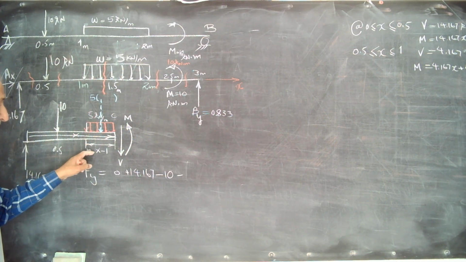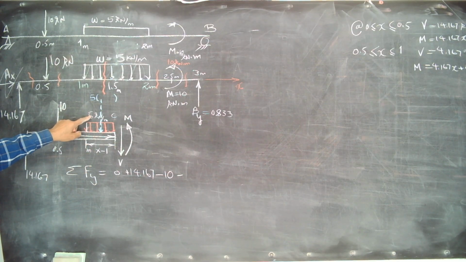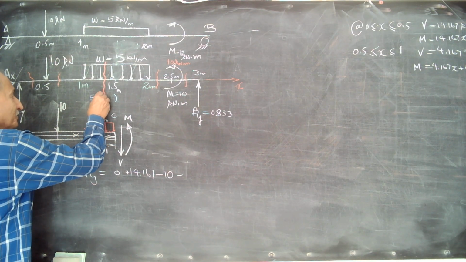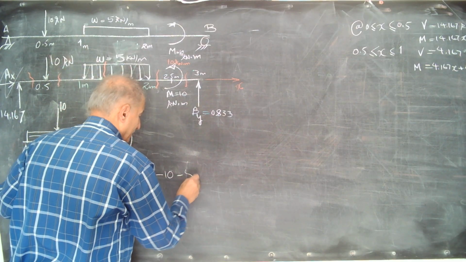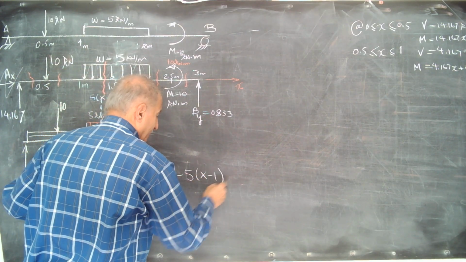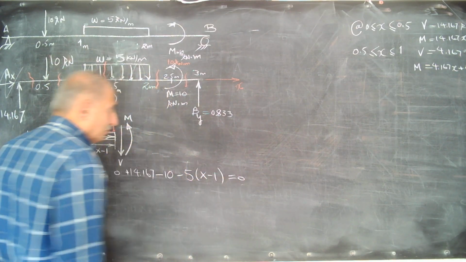Then 5 times x minus 1 is the force. Okay, write it here: minus 5 times x minus 1 equals 0.